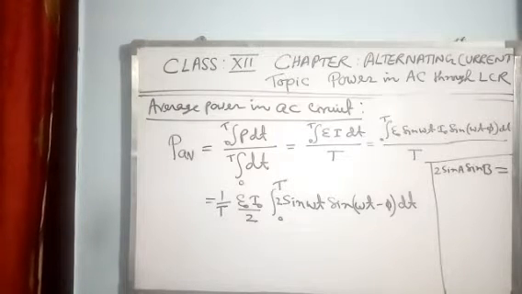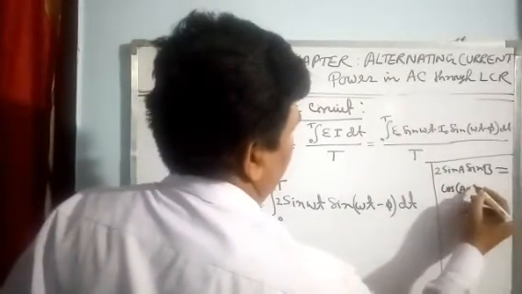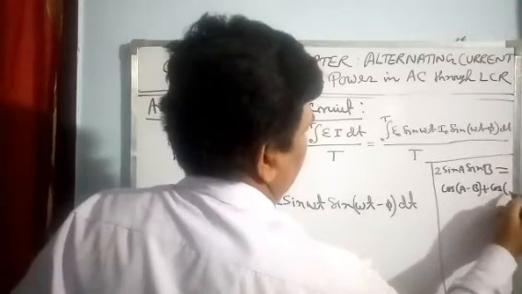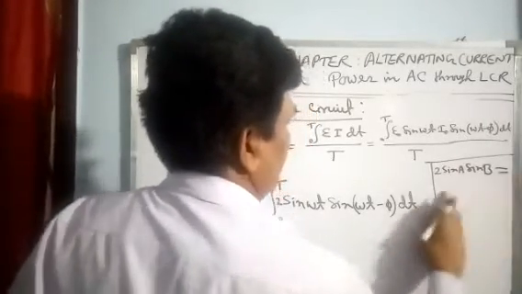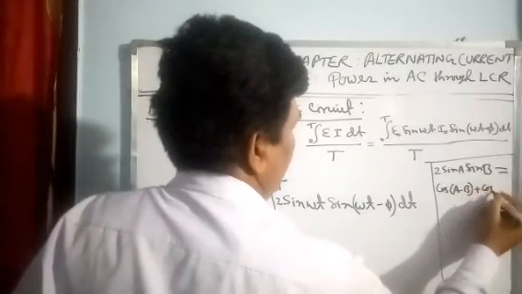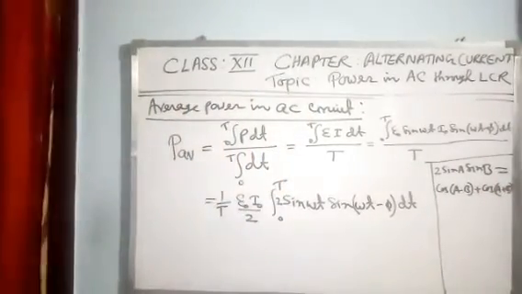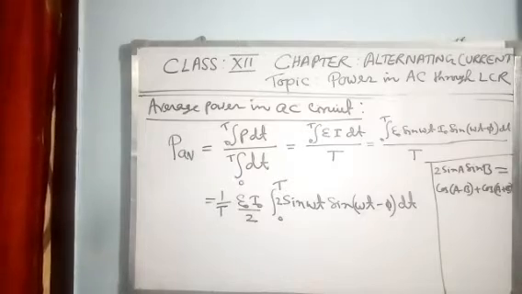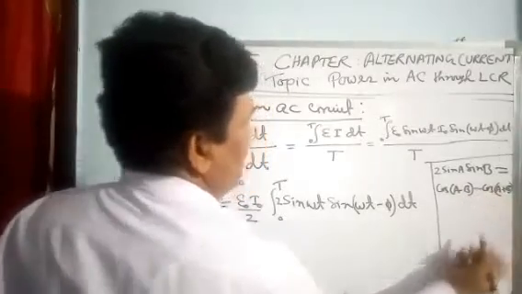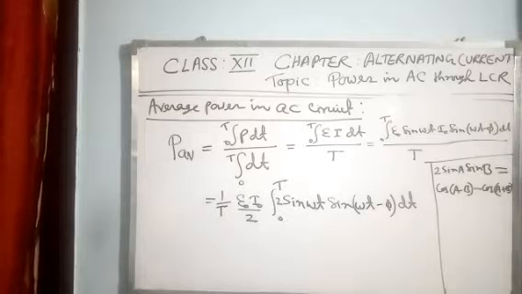Cos(A minus B) minus cos(A plus B). So this is minus.